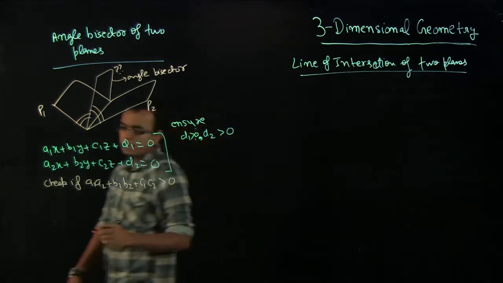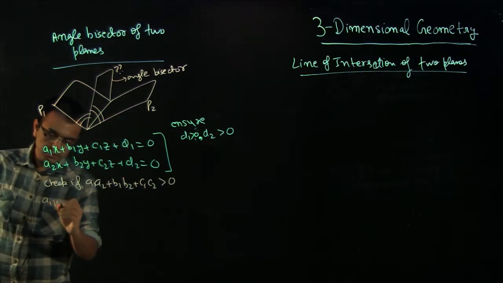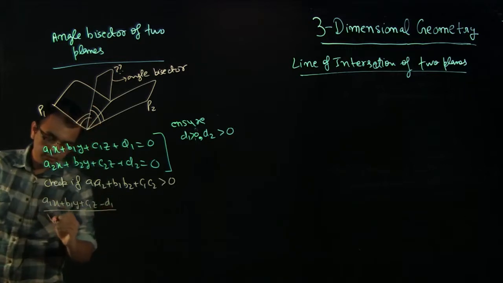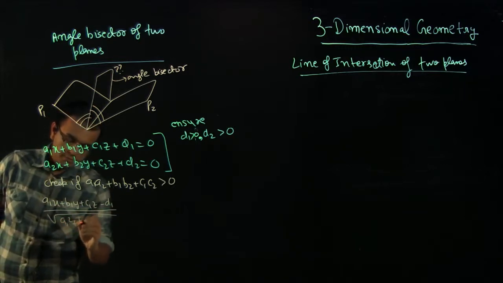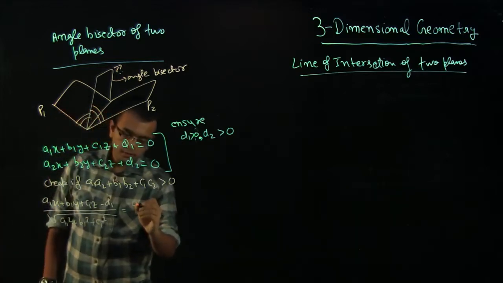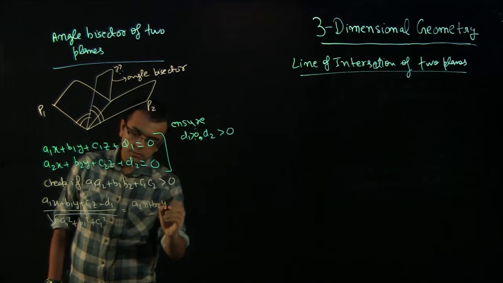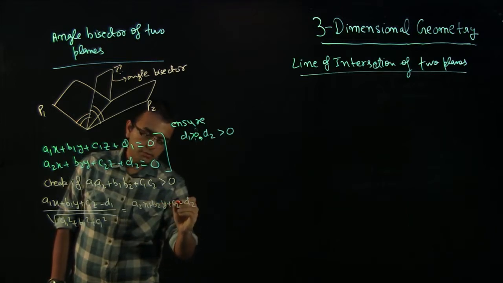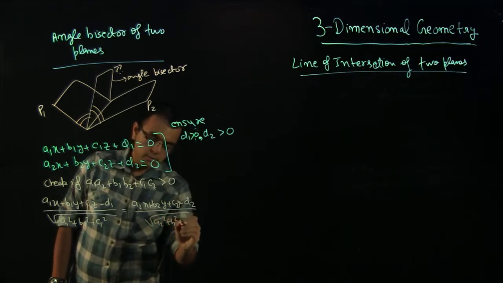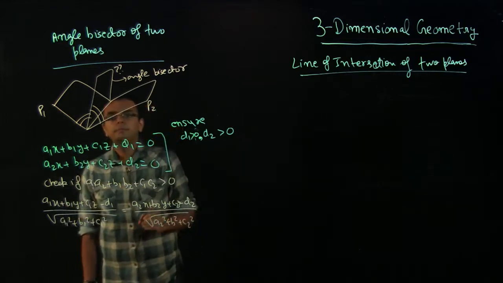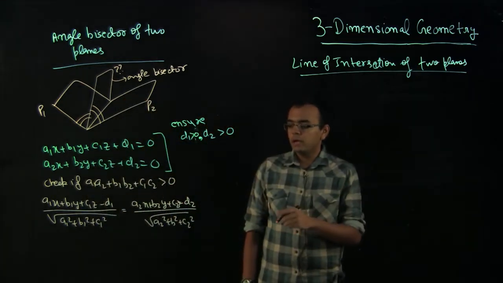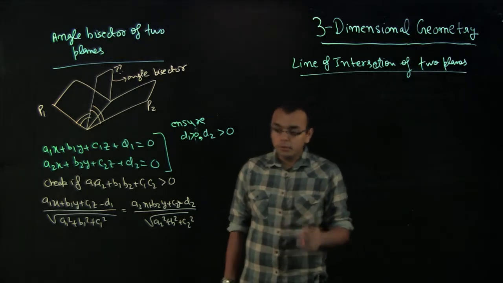If it is greater than 0, then (A1x plus B1y plus C1z minus D1) by root of A1 square plus B1 square plus C1 square is equal to (A2x plus B2y plus C2z minus D2) by root of A2 square plus B2 square plus C2 square. This will be the angle bisector of the obtuse side.